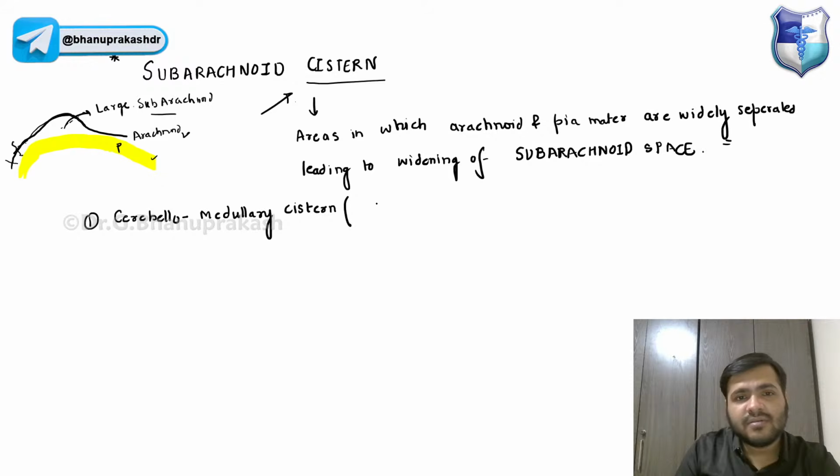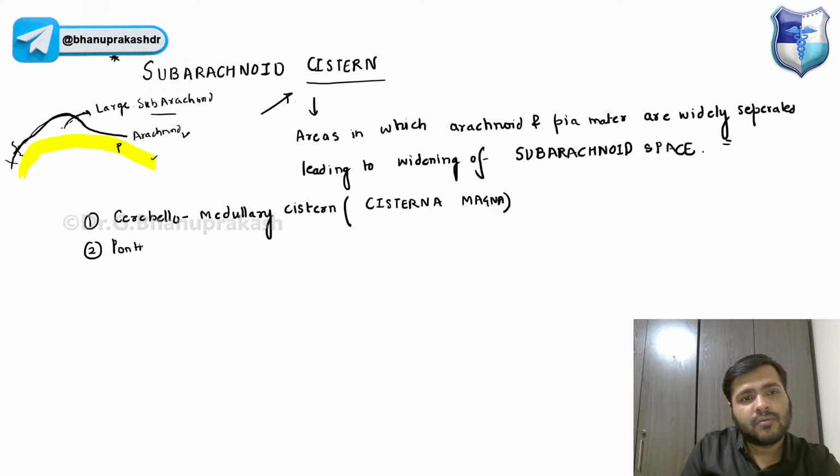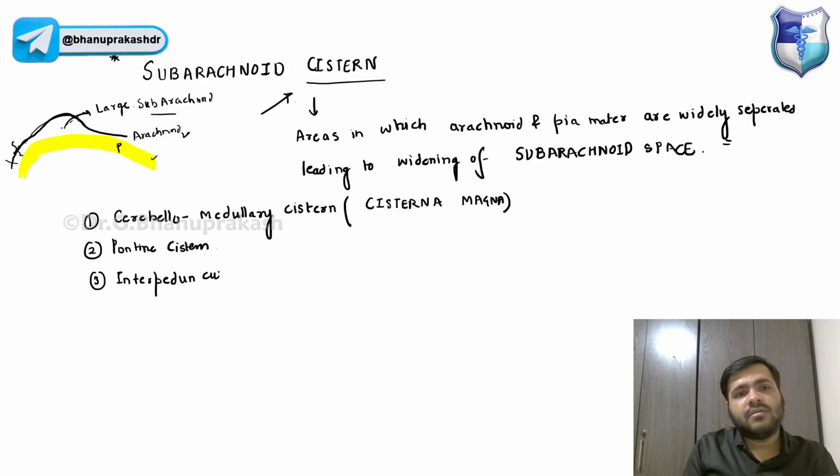This is also called the cisterna magna. Then we have the pontine cistern. We have the interpeduncular cistern.